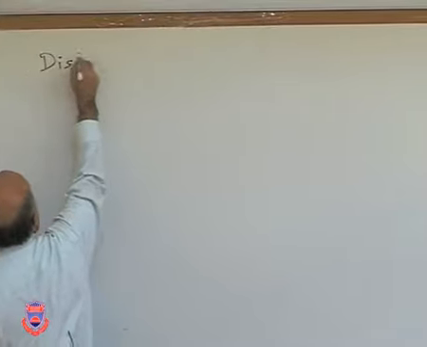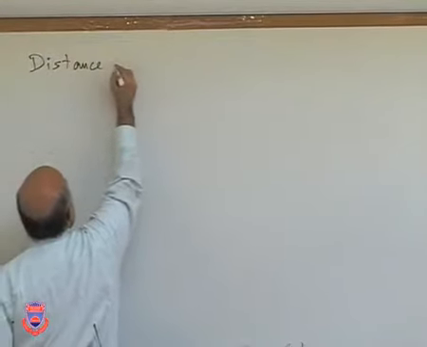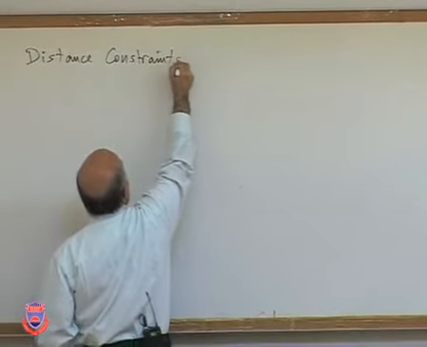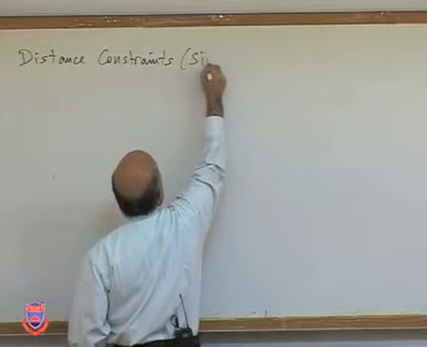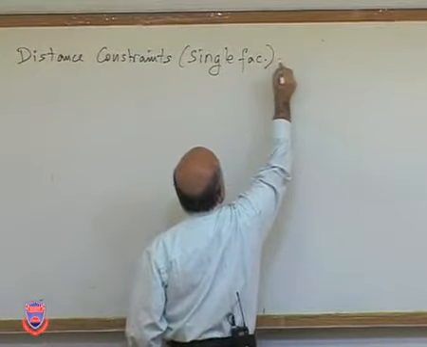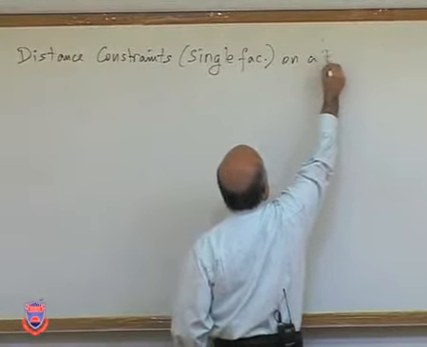So we are looking at the distance constraints for the single facility case on a tree.